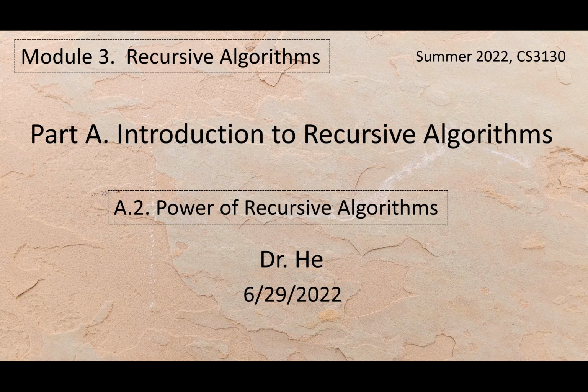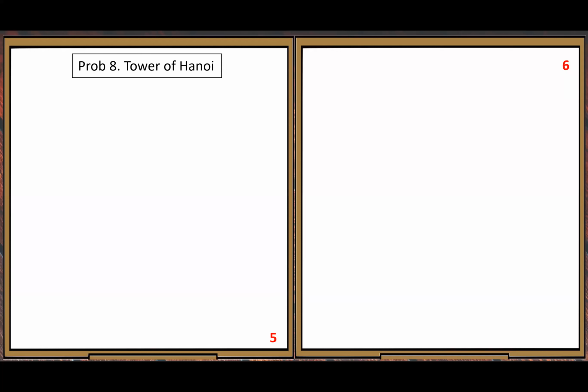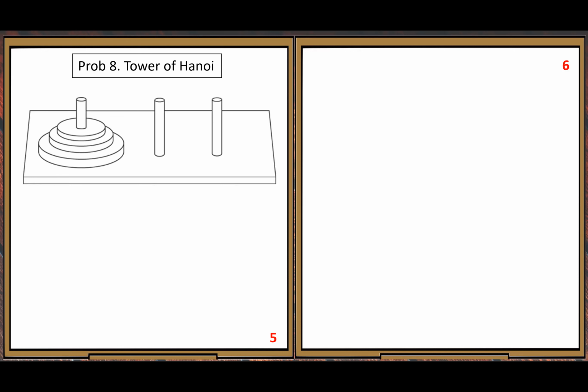That's the point I want to convey in this 8.2 topic. Our problem number 8, Tower of Hanoi. So the puzzle problem, I think you're familiar with that. Let me quickly go through, but this time we use recursion, divide and conquer, to solve it. Here, let me just use a 3-disk version. Our goal is to solve the n-disk version.